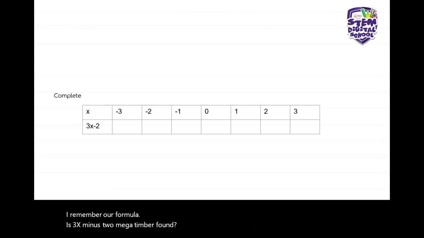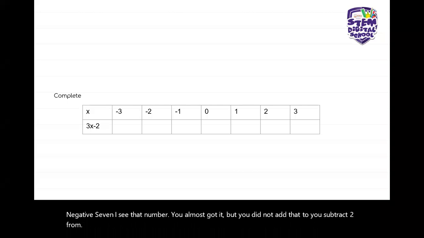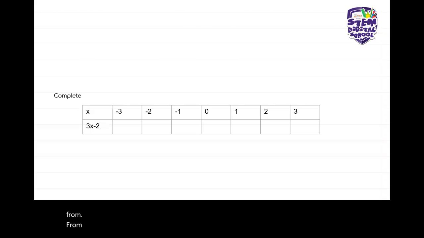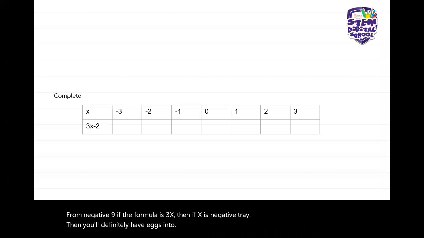I see that Becky Temba, you almost got it, but you did not add the 2. You subtracted 2 from -9. Remember, if the formula is 3x, then if x is -3, it will be 3 into -3 minus 2. So basically, this is what you'll have.